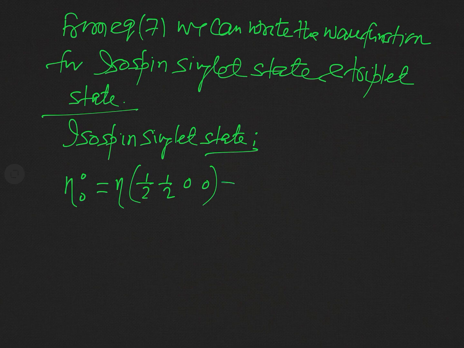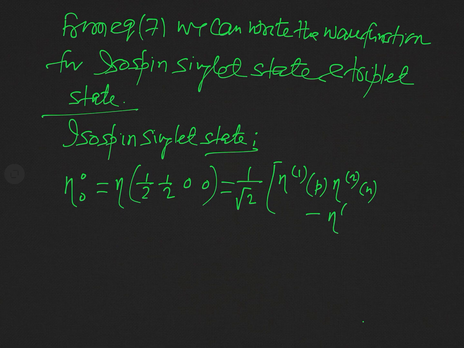And it is equal to 1 over root 2 times eta 1 for proton, eta 2 for neutron, minus eta 1 for neutron into eta 2 for proton.